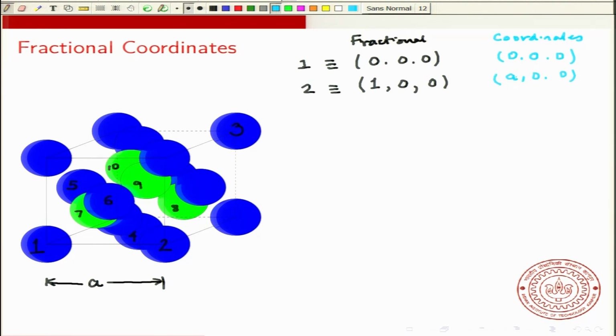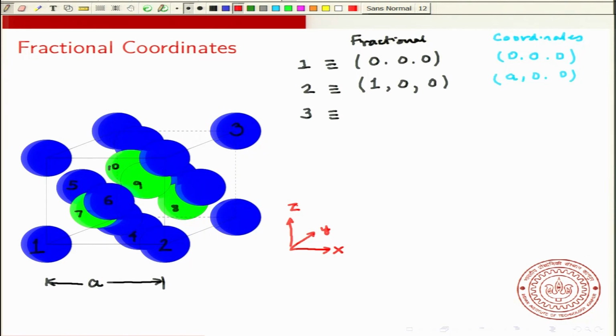What about atom 3? Now this is along the body diagonal. So you go along the body diagonal of the cube and you go to the other end. I have been assuming that your coordinate system looks like this. So this is the x direction, y direction, and the z direction.